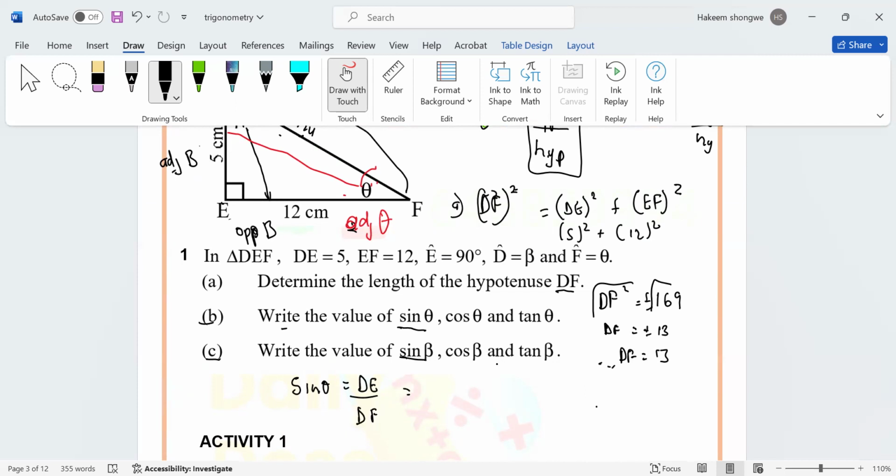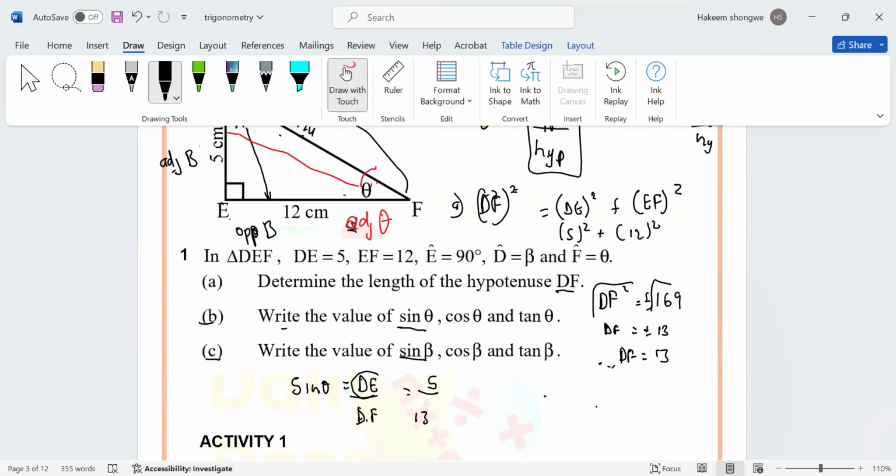You can start by saying opposite all over hypotenuse again, and then you say DE all over DF. Now you put the numerical values. What is DE? It's 5. What is DF? It's 13. So we're done with that one.